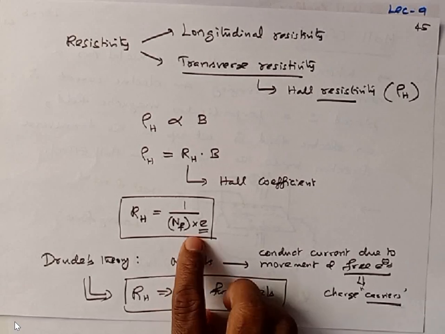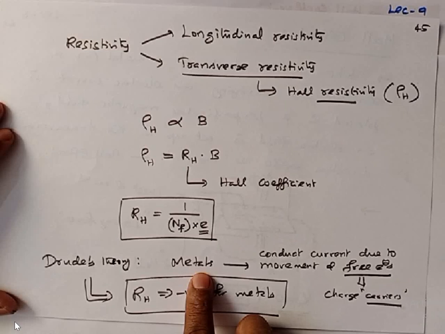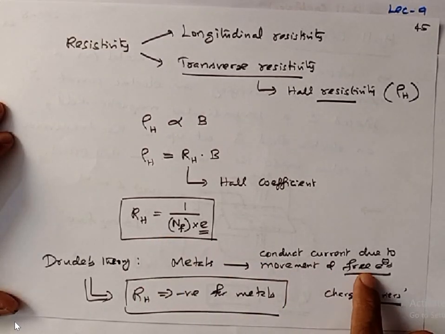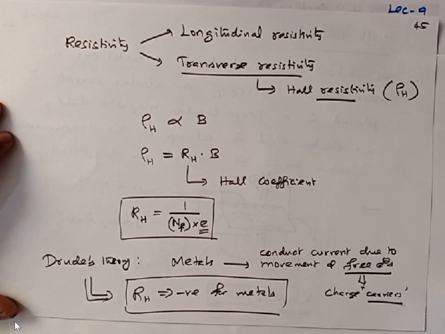Therefore the charge carrier can be either positive or negative. That's why I'm using the word charge carrier in general. In the case of metals, the conduction is due to the free electron. So free electrons are charge carriers in the case of metals. Clear? Good. Now let's continue our Hall effect in this lecture.